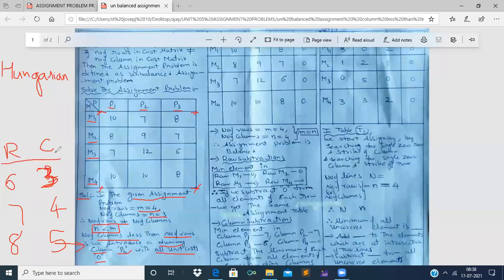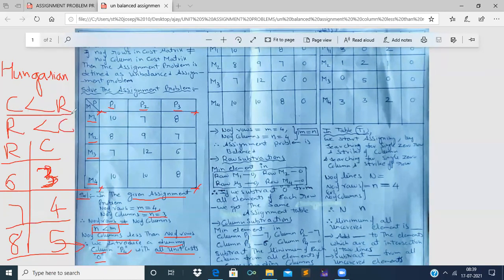So no need to worry about all these situations. You just have to keep in mind the number of columns or rows to be introduced, depending on whether columns are fewer than rows or rows are fewer than columns.